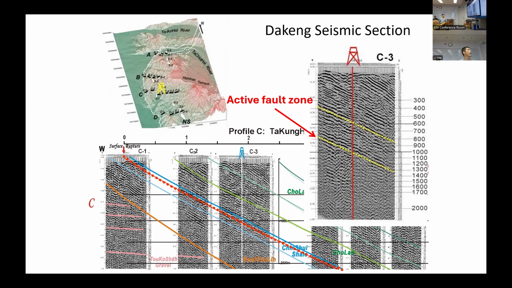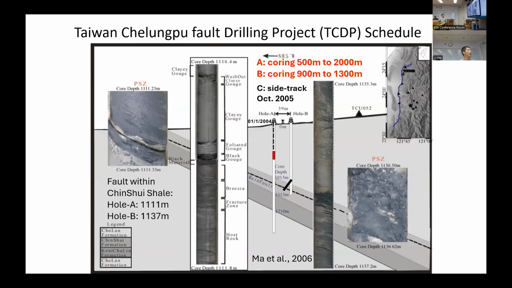And then we drilled in that cross section. We expected that we could hit the active fault zone at 1 kilometer depth. And this is the outcome. We have two boreholes, hole A and hole B.